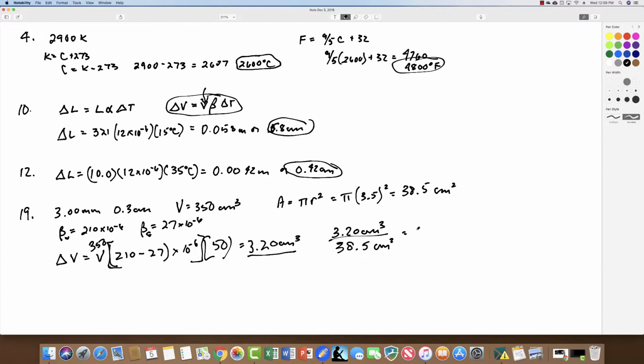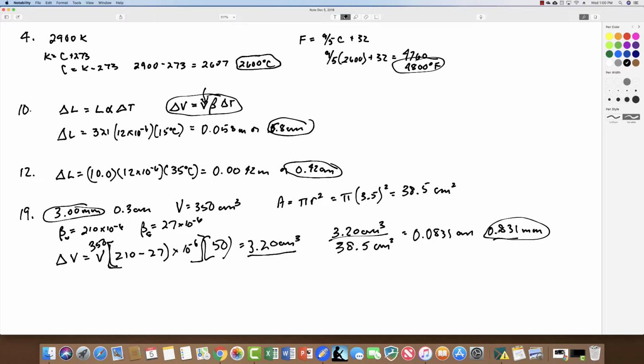And in this case, that height is 0.0831 centimeters, or 0.831 millimeters. And what you can see is this 3 millimeters is quite a bit more than this 0.831.